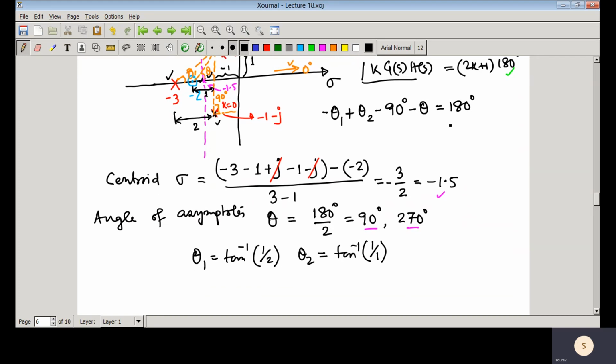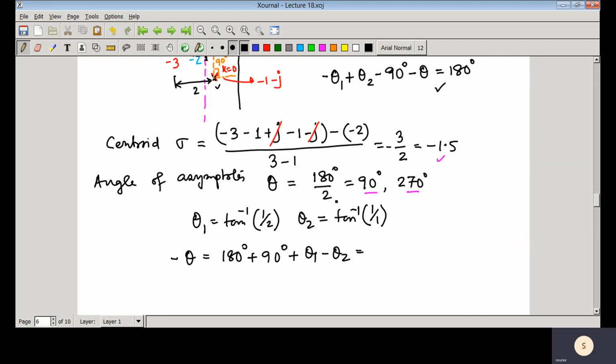So let us write this particular equation. Theta 1 minus theta equals 180 degrees plus 90 degrees plus 90 degrees, plus theta 1 minus theta 2. So here that is 270 degrees plus theta 1.